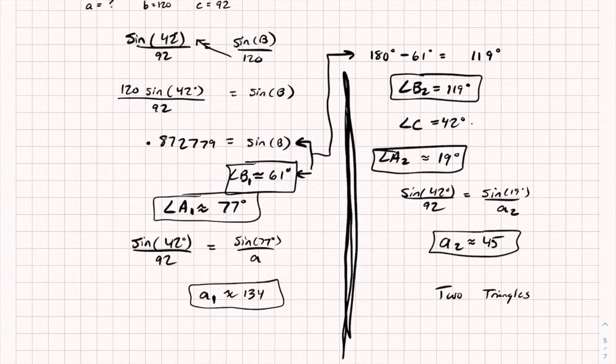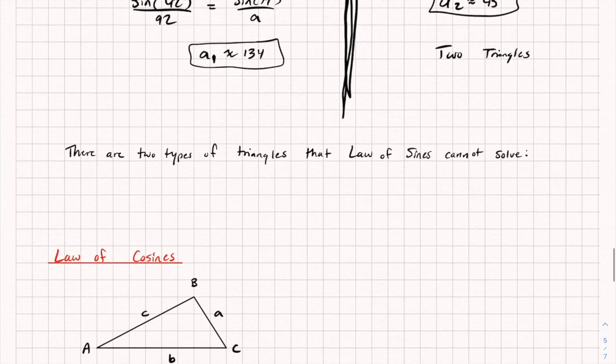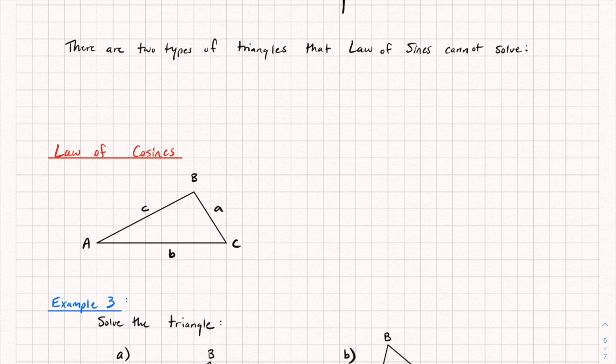Okay, so this is the ambiguous case for triangles. And this only occurs when we have a law of sines. Now, there are two types of triangles that law of sines cannot solve. In other words, we're given a combination and I cannot ever pair up an angle with its opposite side. And that is cases where I want to use what's called the law of cosines.